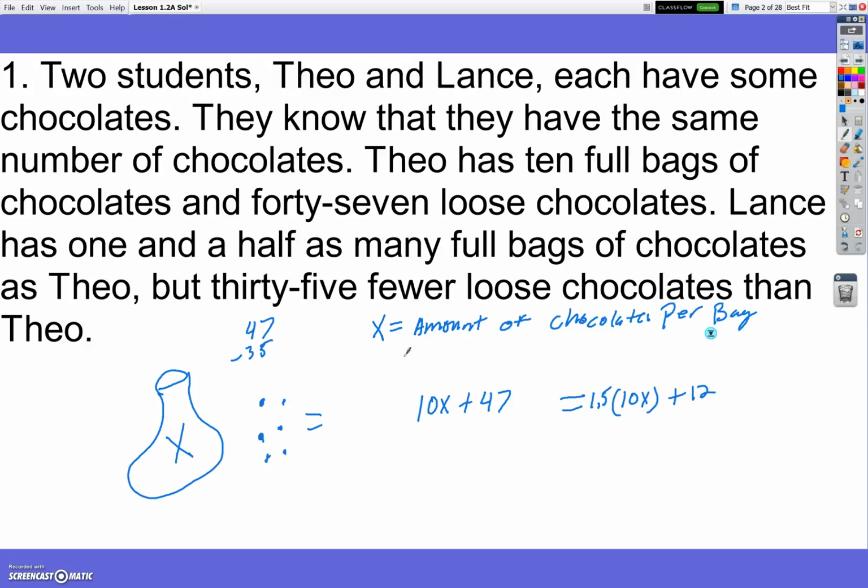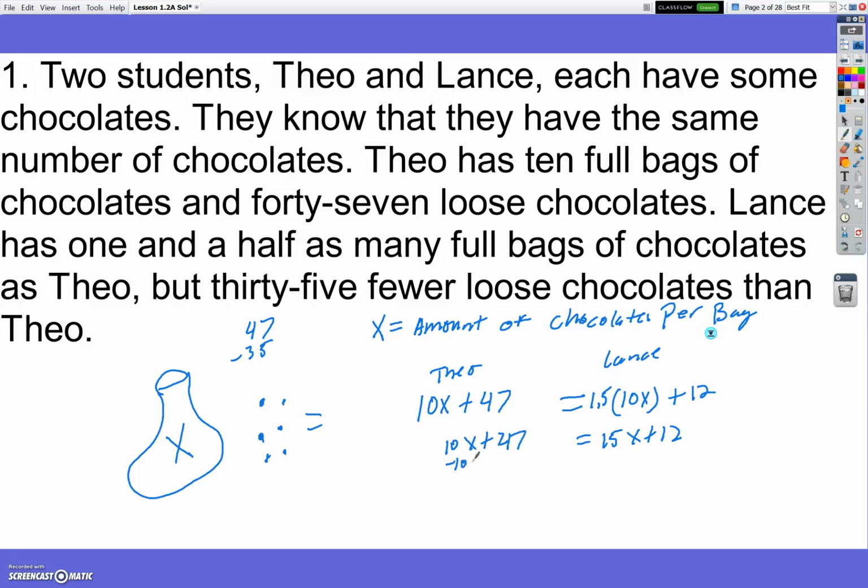So that means right here that Theo has this many, while Lance has this many. So let's go ahead and set this up then. If I simplify Lance's equations, I would have 15x plus 12. And that's going to equal to Theo, which has 10x plus 47.